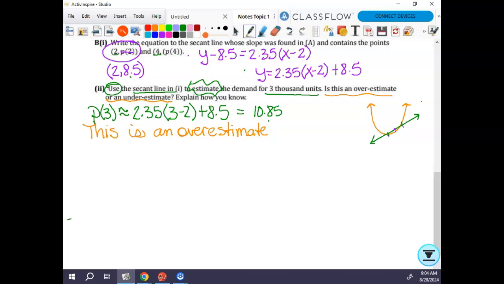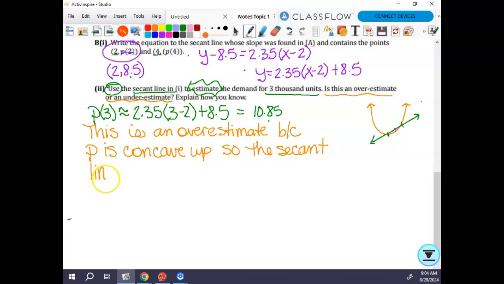This is an overestimate, or I can say 10.85 is an overestimate, or the answer in part C, or whatever, is an overestimate because P is concave up, so the secant line is above the curve.